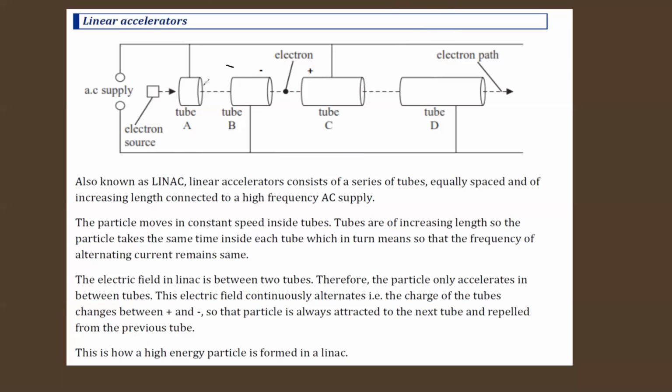Maybe when the electron comes out from tube A, it might receive a negative potential, so it will not accelerate, it will decelerate. That's why each tube should take the same time to pass through. So when the terminal changes, the electron will always experience the positive potential and be accelerated instead of decelerated.